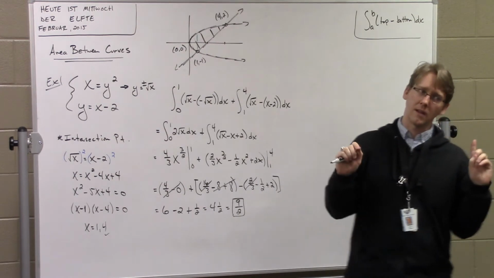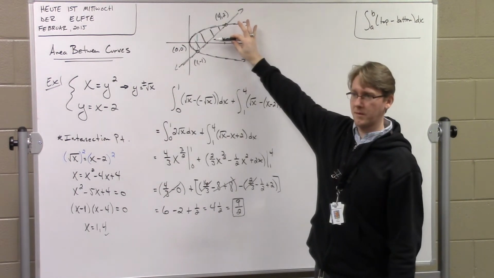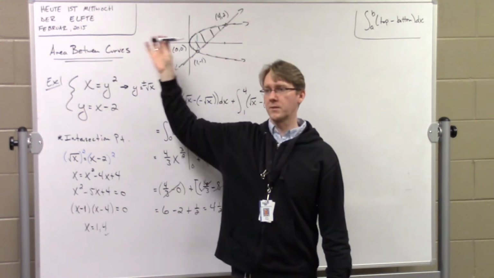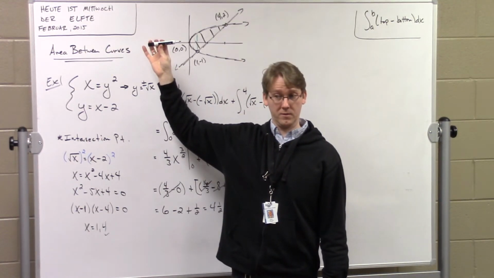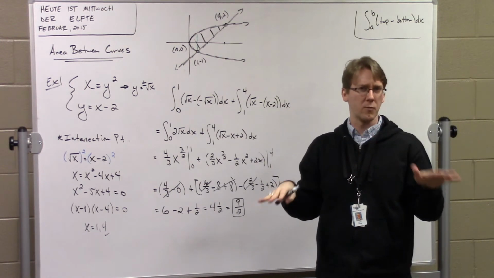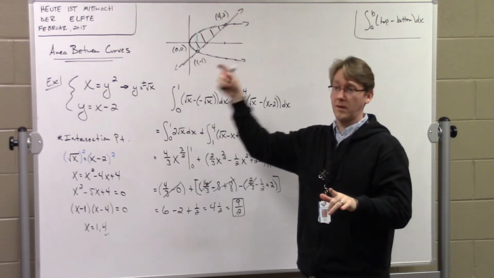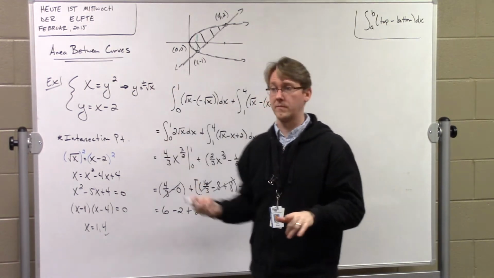If you tilt your head to the right, you see it as a sideways cracker. This would be the top, and this would be the bottom. So if we rethink our mindset, instead of thinking x's, if we think y's, then this is top and this is bottom. Then you only have to do one.